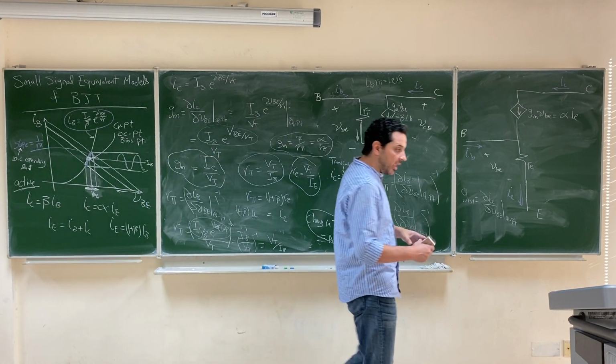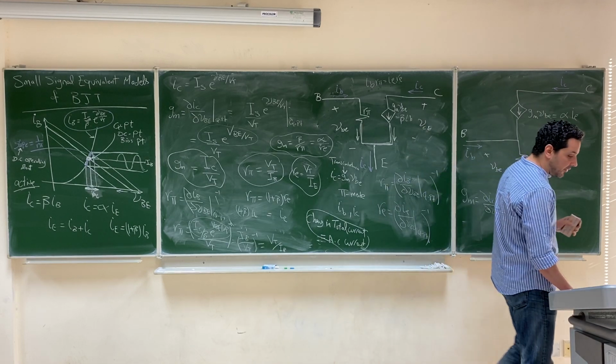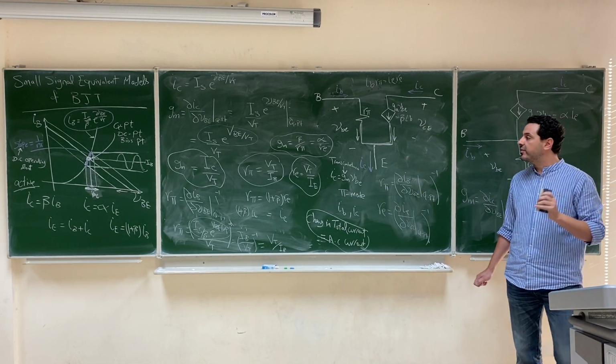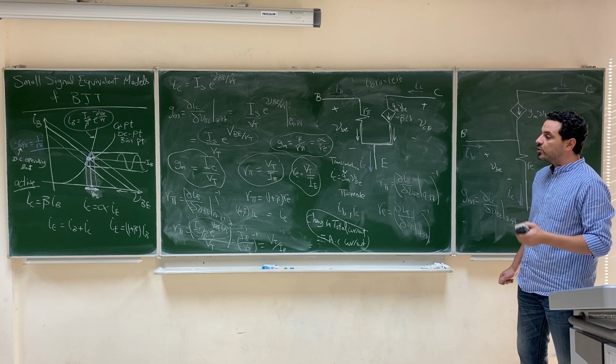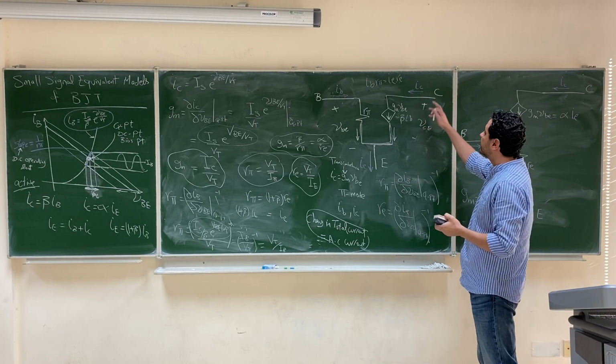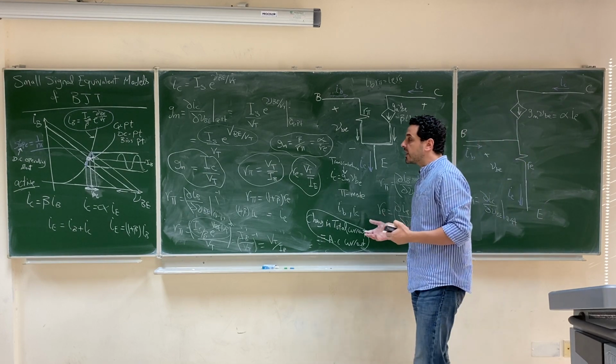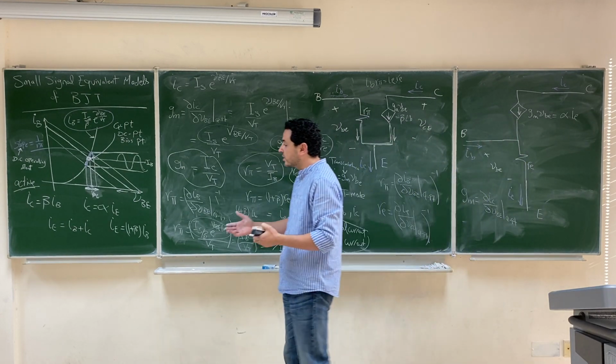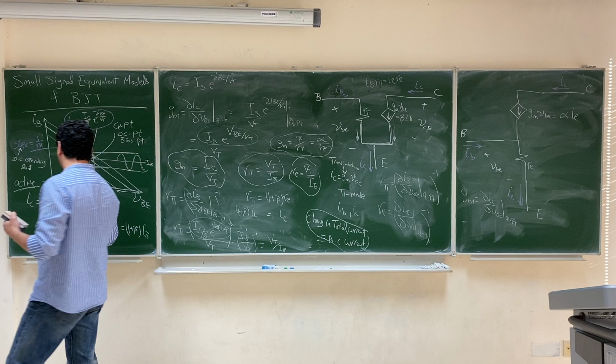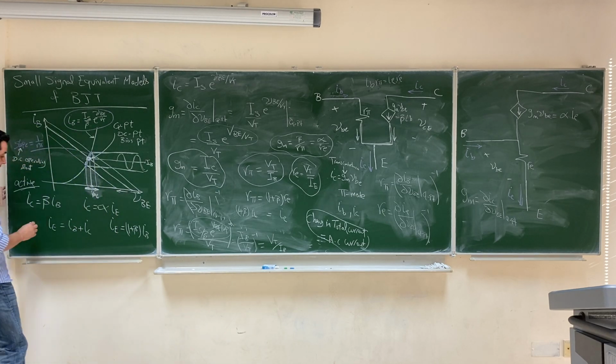Last thing before we finish is, so far we didn't include early effect in these models. But we know from early effect that the current of the collector, practically speaking, is not just a constant beta multiplied by I base. This is not a constant.